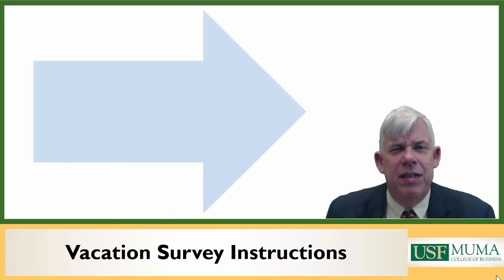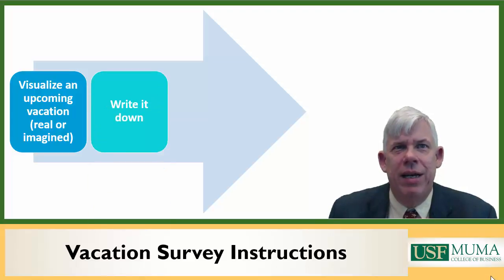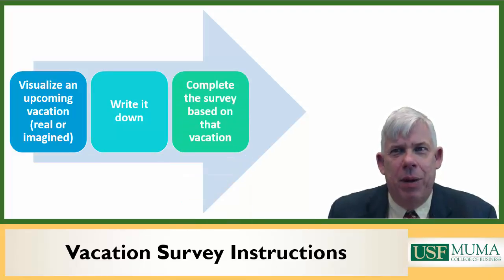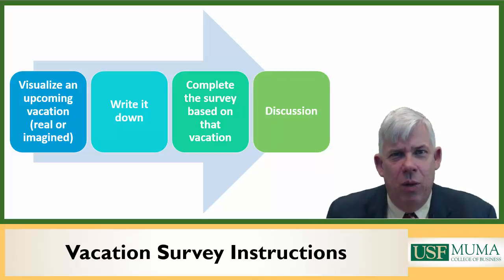So what we're going to use as an example for the challenge of construct development is a vacation survey. The idea of this survey is that you begin by visualizing some vacation, and then we give you a series of activities that you will identify as being very likely or very unlikely to do on that vacation. Then we'll discuss the survey as we did in the workshop, and look at an analytical tool that might be used to help us make some sense of it.